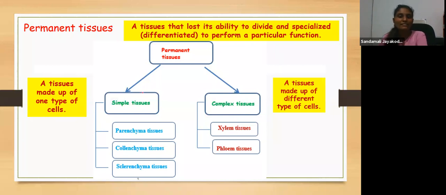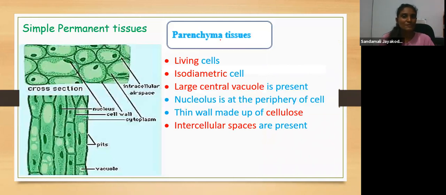Under the permanent tissue, we are going to discuss first the parenchyma tissues. So the first type of simple permanent tissue is parenchyma tissue. They are living cells. They are isodiametric.